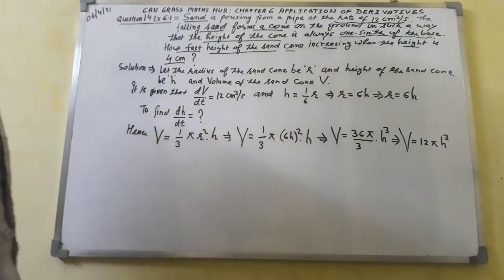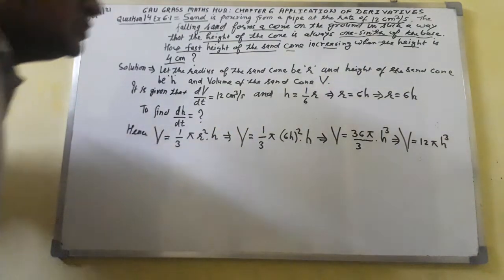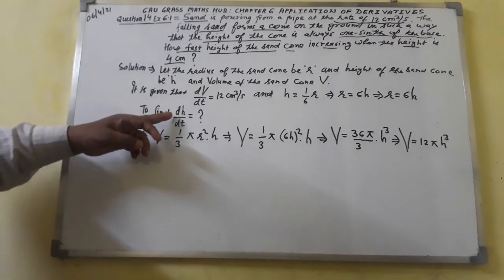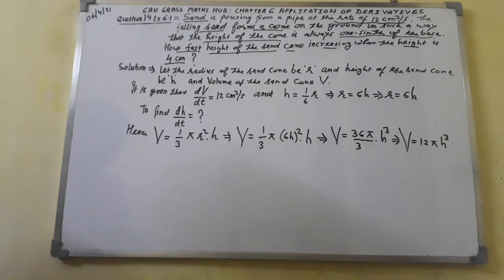Now we have got V is equal to 12 pi h cube. So we have to get dh over dt.